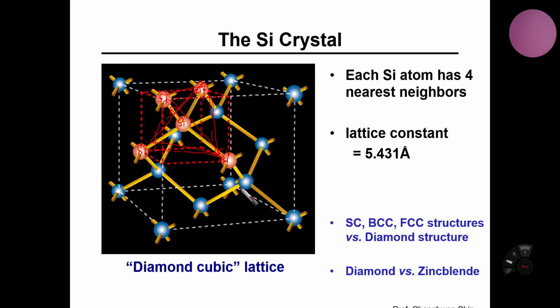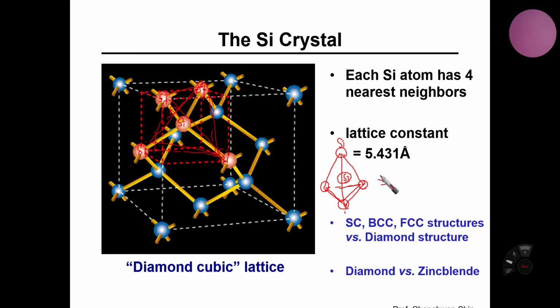In this tetrahedral structure, let me redraw it again for your convenience. I guess this electronic pen is not working perfectly. Anyhow, this silicon atom is placed at the center of this tetrahedral structure, and on top of it you can find another silicon atom, and below it you can see 3 silicon atoms, all of which are placed on a single triangle.